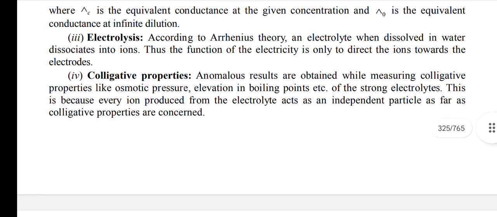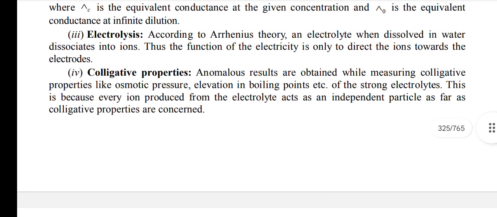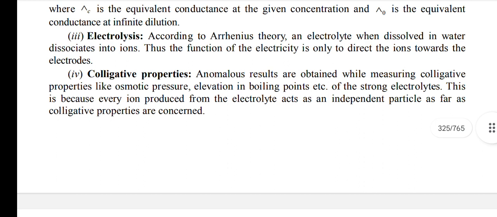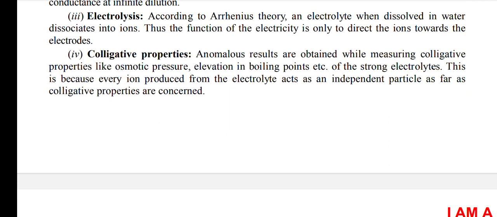dilution. Electrolysis. According to Arrhenius theory, an electrolyte when dissolved in water dissociates into ions, thus the function of the electricity is only to direct the ions toward the electrodes. Colligative properties.